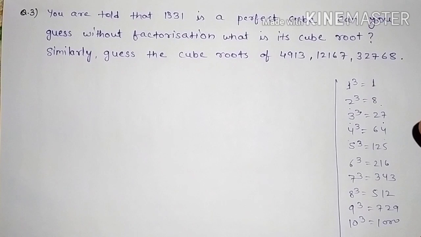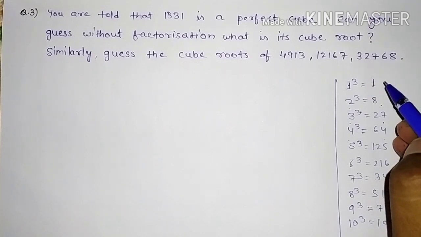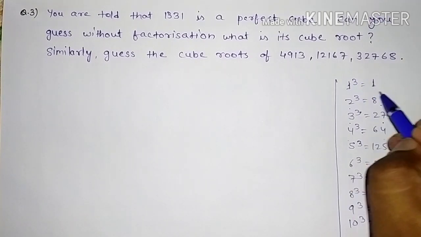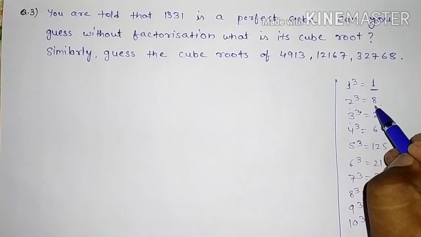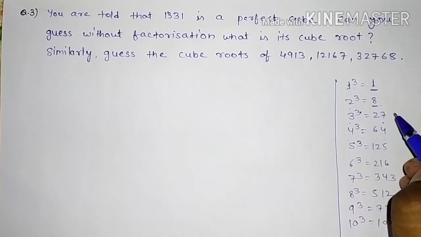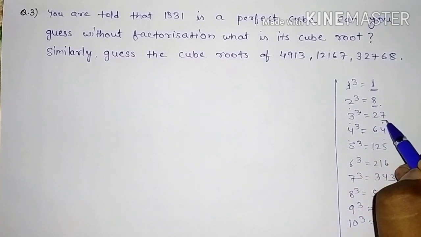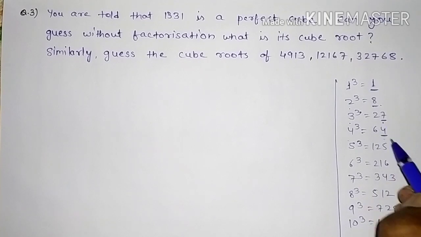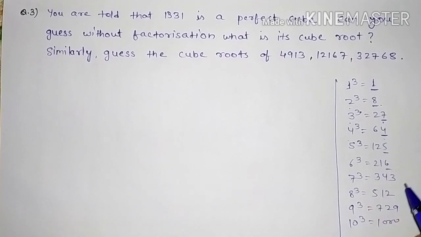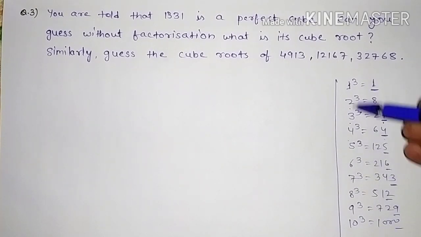Now, see here, the unit digit of the cube of 1 is 1, then 8, 7, 4, 5, 6, 3, 2, 9 and 0. These are the unit digits of the cubes of these numbers.